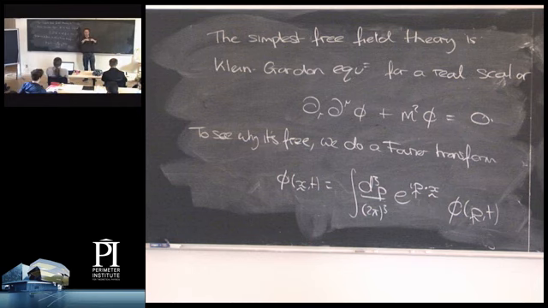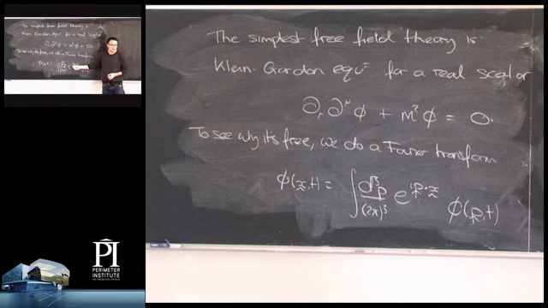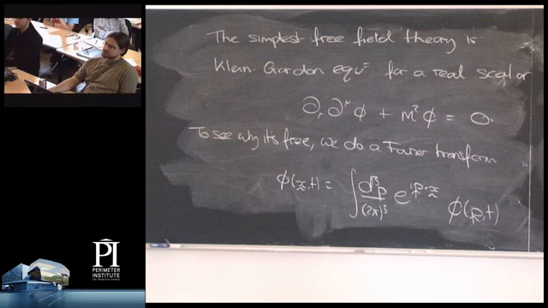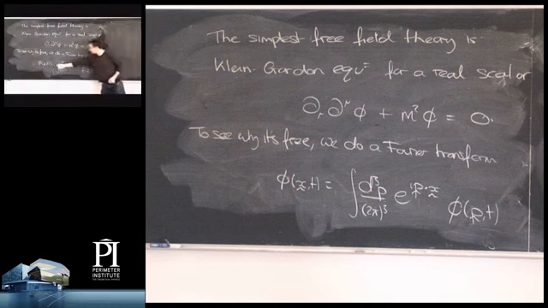Given phi of x, you decompose it into something that wobbles this quickly and something that wobbles this slowly. So it's the usual p in that sense that appears in all Fourier transforms. It's not a relabeling, but a reshuffling of how this function is.